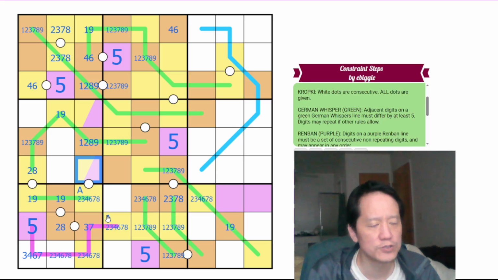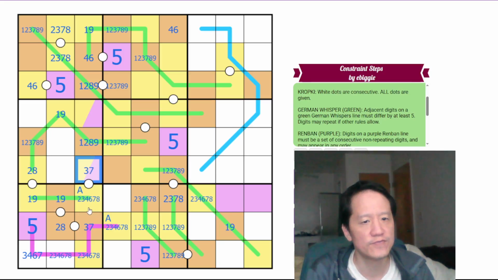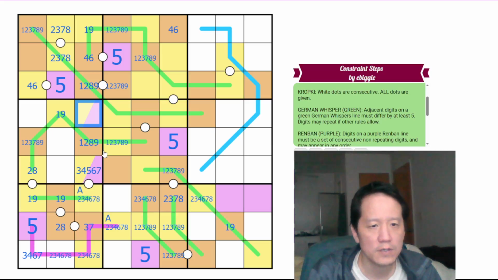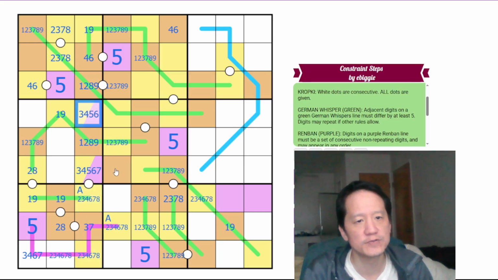This cannot be 2 or 8 or 1 or 9. So it could be 3, 7, or it's 4, 6, or it's 5. I'm not sure. One of these is 2 or 8. So this is 3, 4, 5, 6, 7 also.